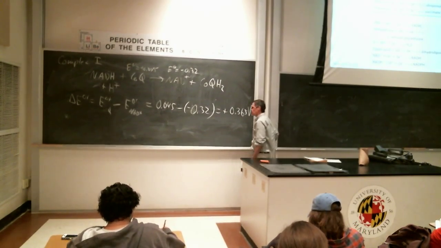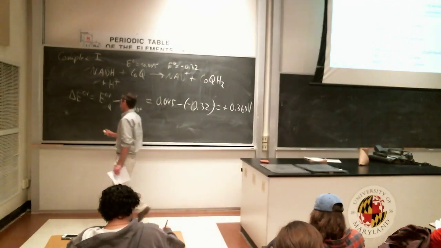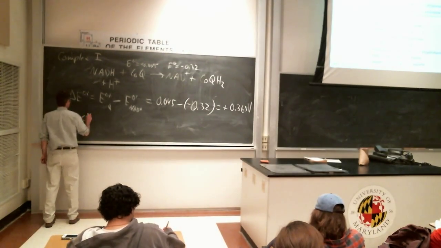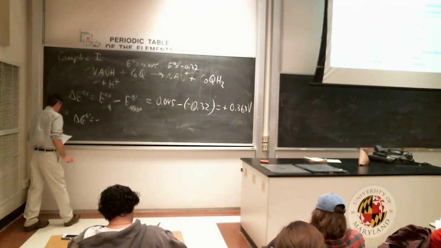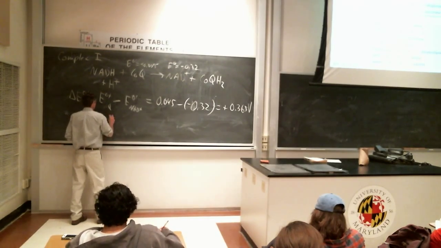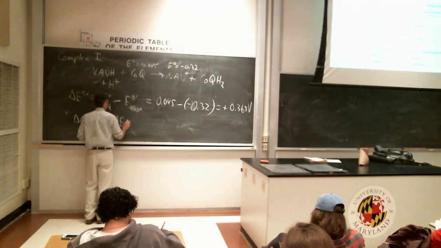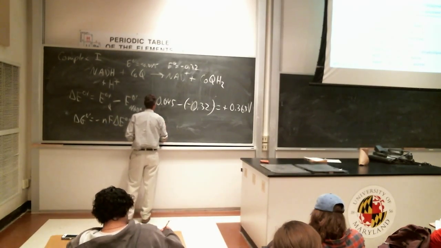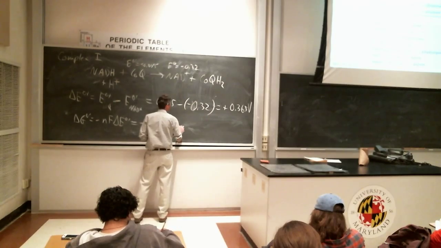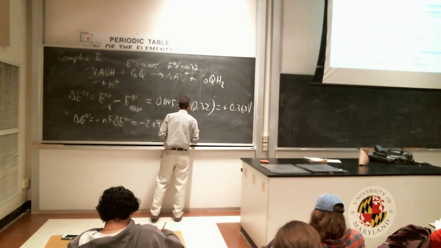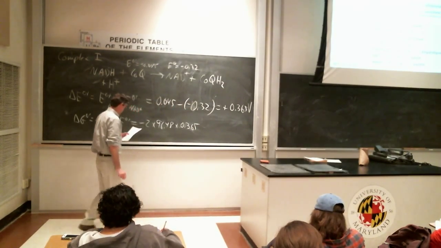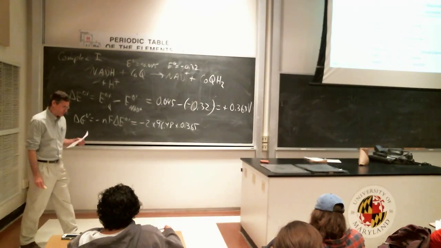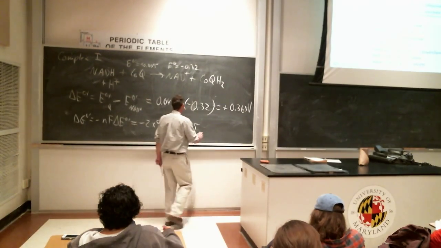The overall standard state free energy change of this reaction is minus n times F times delta E0 prime, and that's minus 2 times 96.48 times 0.365, and that's a large negative number. I think it comes out to minus 70.